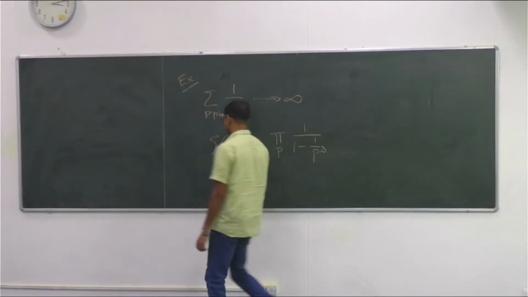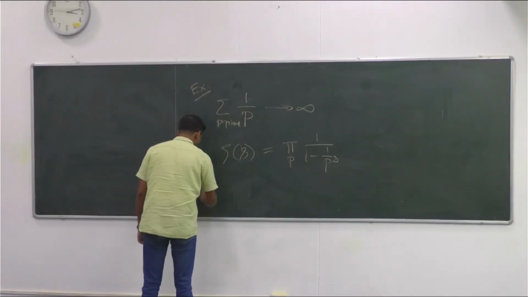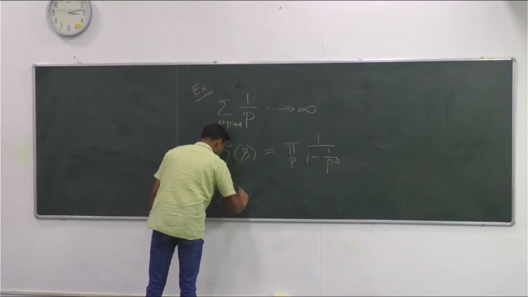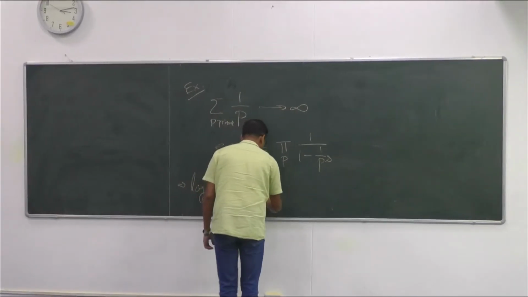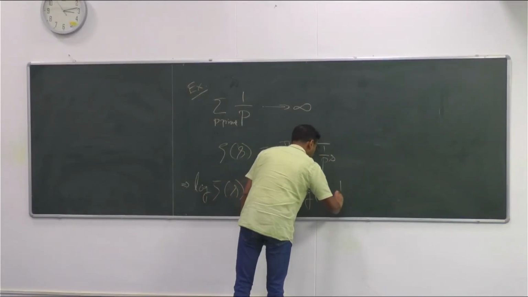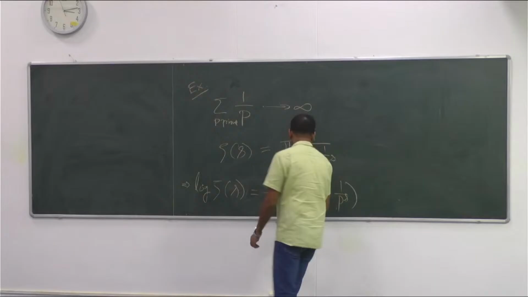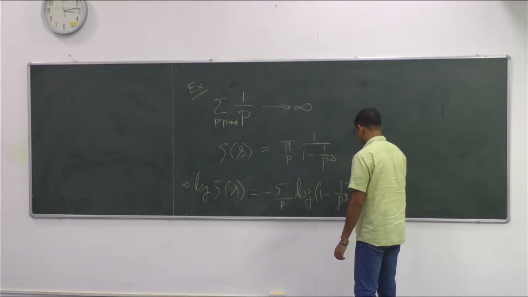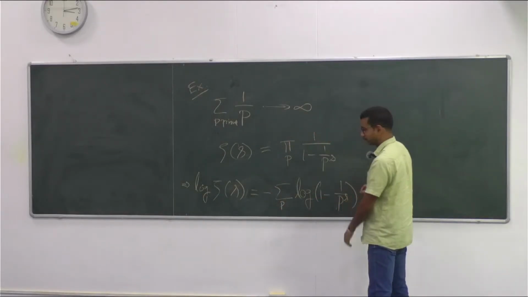All right. So then take the logarithm of zeta s, and that gives you minus sum over p log of 1 minus 1 by p power s, right? Then we wanted to expand this.